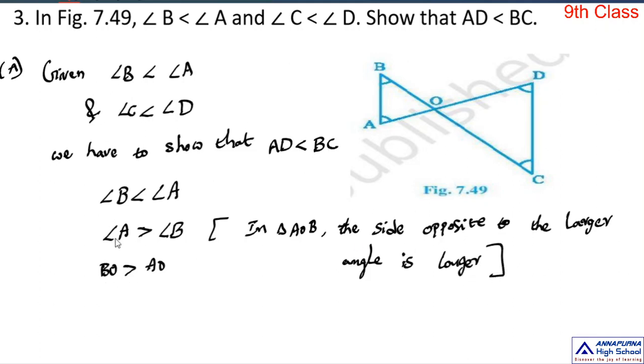So angle A is greater than angle B, so BO is greater than AO. If angle A is greater than angle B, then BO is greater than AO. This is the first condition.